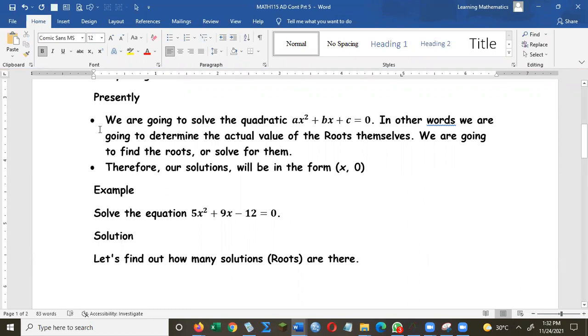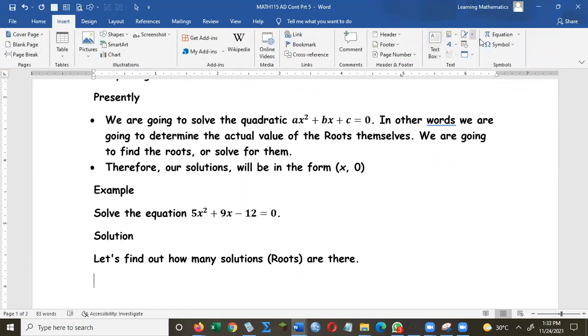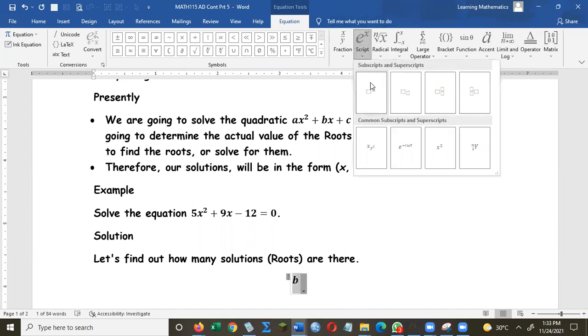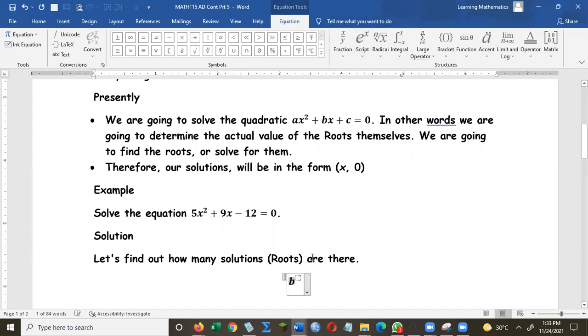How are we going to do that? We're going to call upon the discriminant, b squared minus 4ac. Let's see what we're going to get.